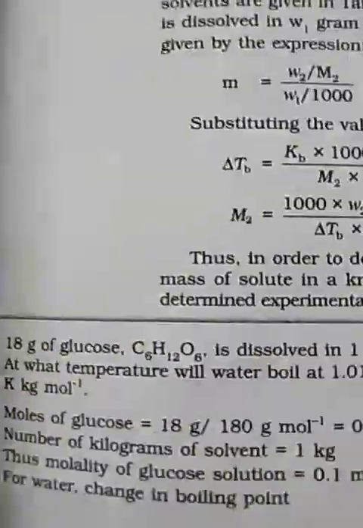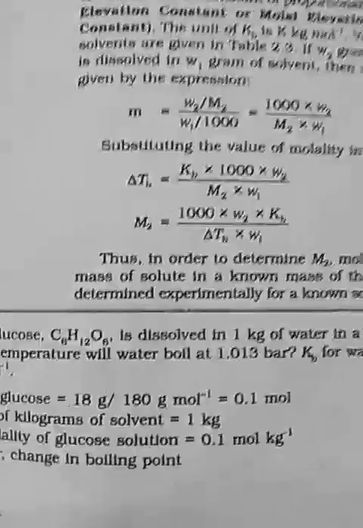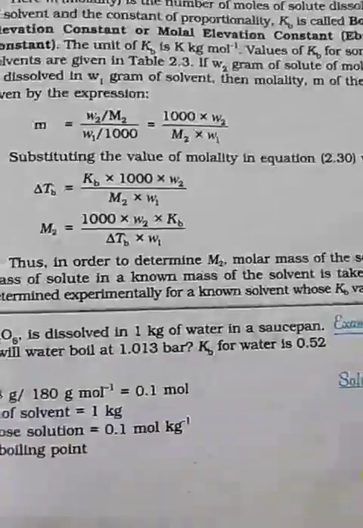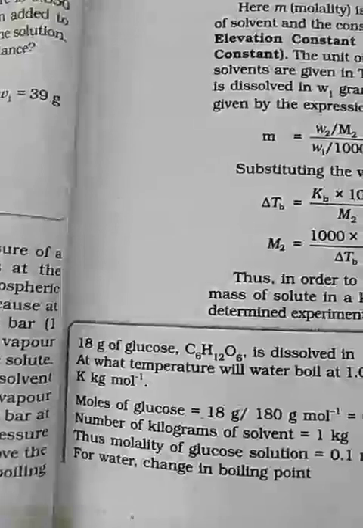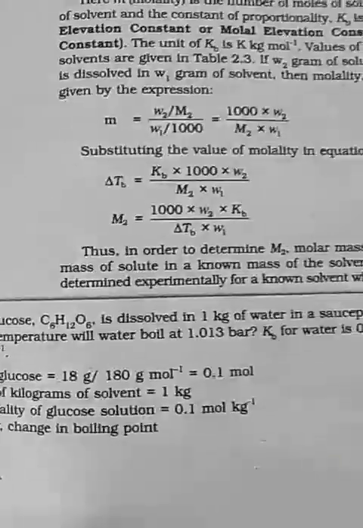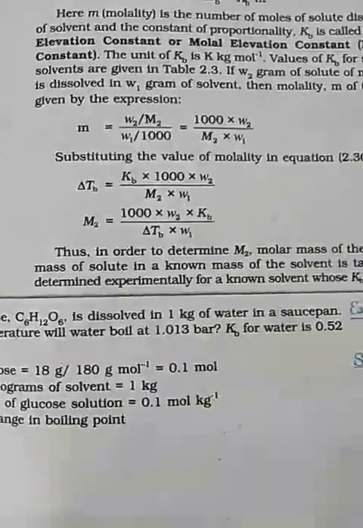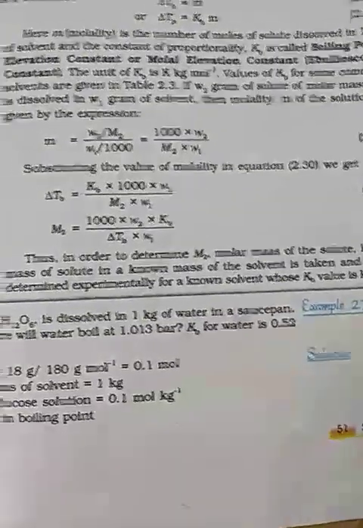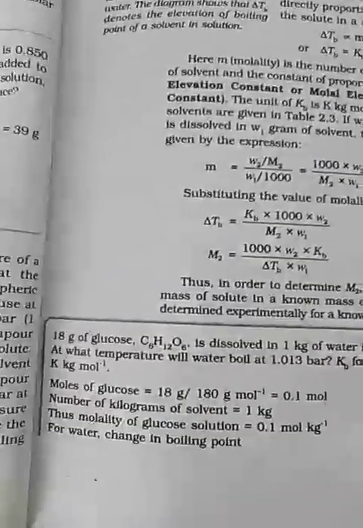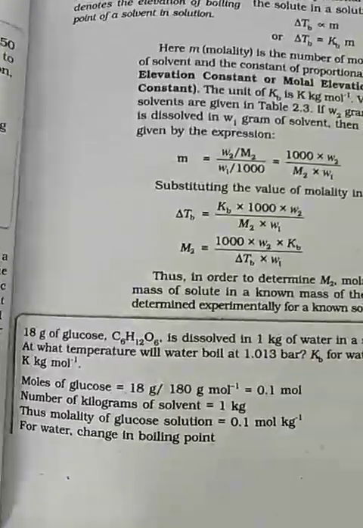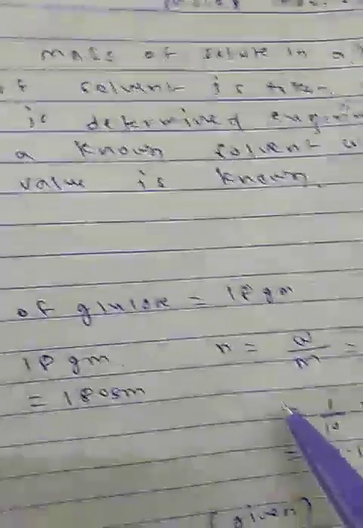Now I am doing example number 2.7. 18 gram of glucose is dissolved in 1 kilogram of water in a saucepan. At what temperature will water boil at 1.013 bar? Kb for water is 0.52 kilogram per mole. First of all, we have to derive the number of moles.